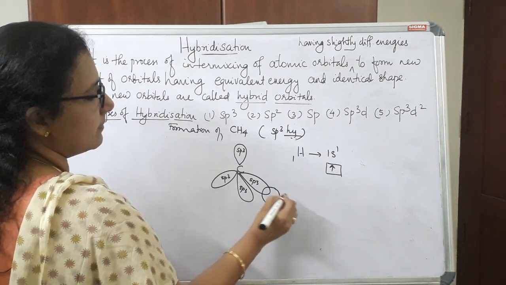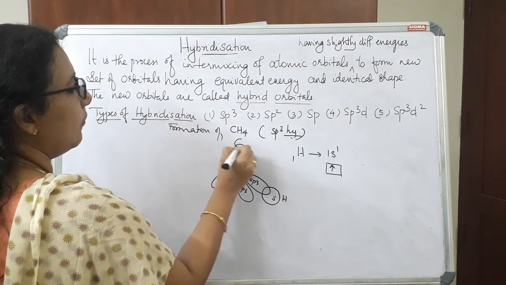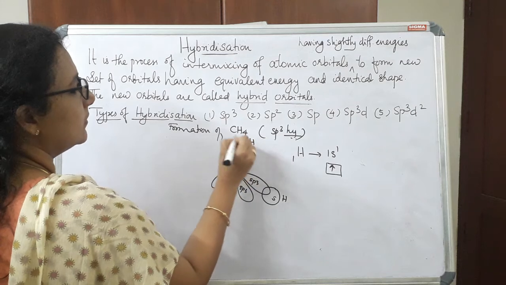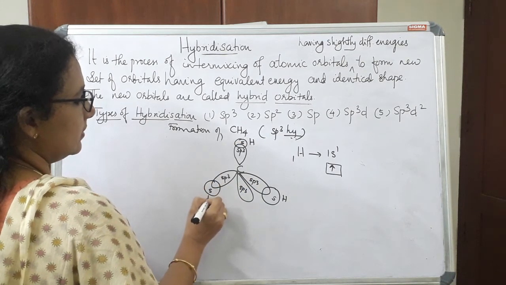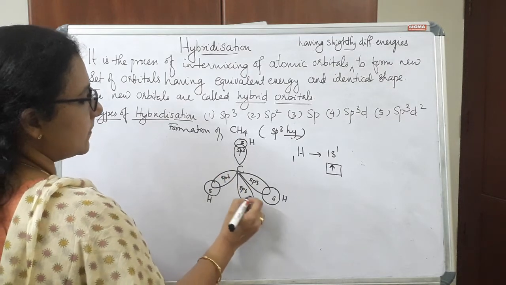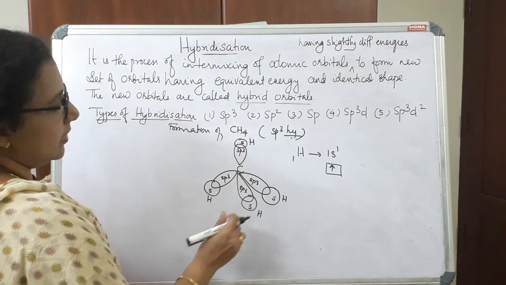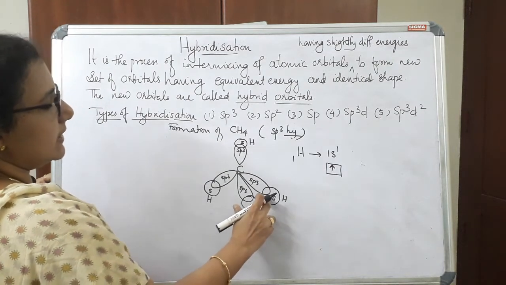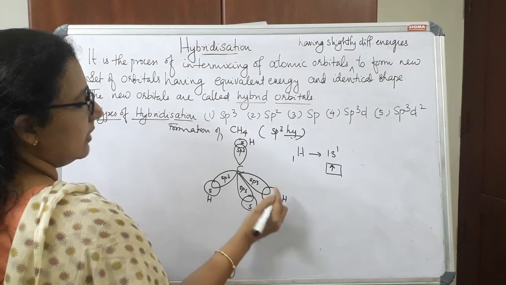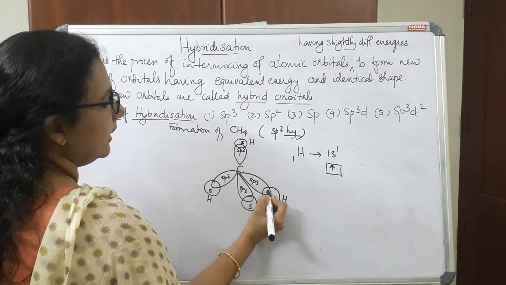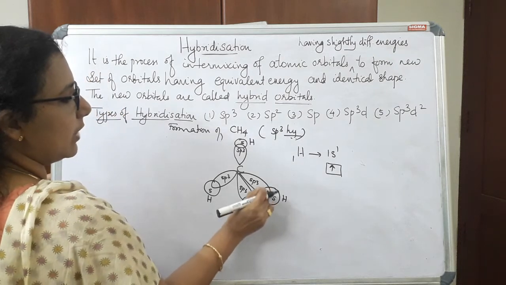of hydrogen atom. So 4 hydrogen atoms are needed. So 4 s orbitals overlap with the 4 sp3 hybrid orbitals of carbon atom. So the electron present in this s orbital and the electron present in the sp3 hybrid orbital will overlap together.